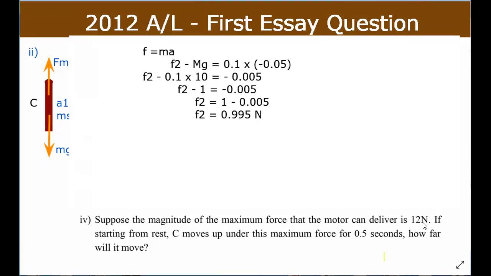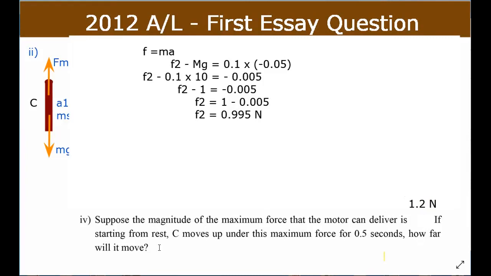Suppose the magnitude of the maximum force that the motor can exert on C is 1.2 Newton. I'm so sorry. Please correct the mistake as 1.2 Newton. Maximum force that the motor is able to give is 1.2 Newton. Unfortunately, it is printed as 12 Newton.